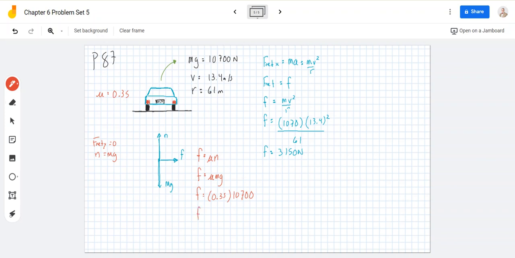So the frictional force that you get from the road is 3745 newtons. And if you notice here, you only need 3,100, and you can get 3,700, so yes. Yes, he makes the turn.